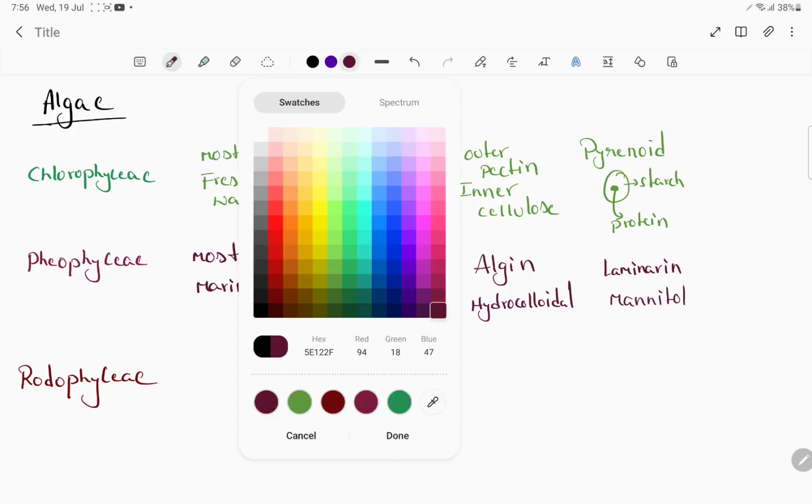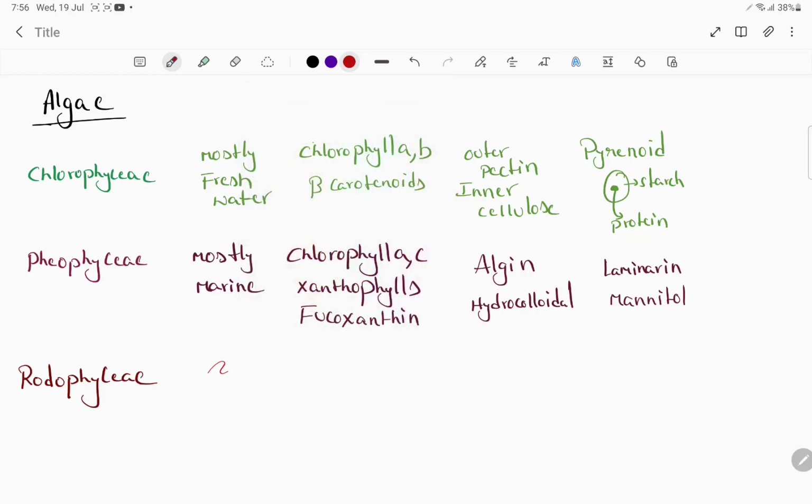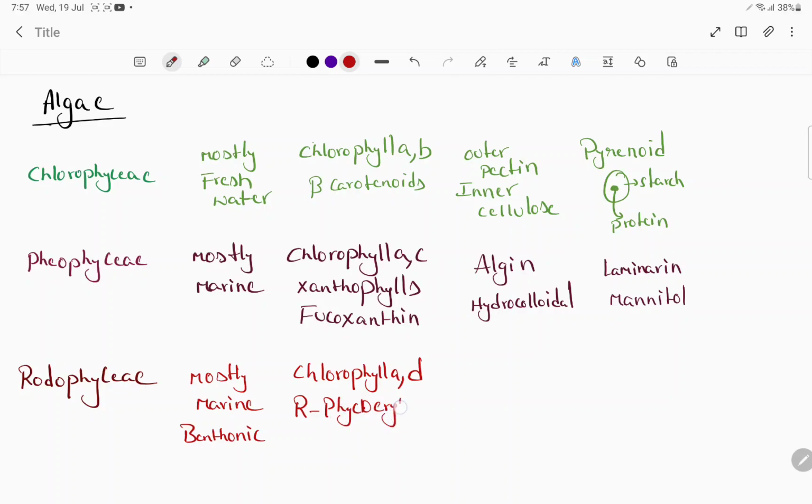And coming to the Rhodophyceae. So red algae, these are also mostly marine, benthic, which means deeper, and some are freshwater. Chlorophyll A and D. R means red: phycoerythrin, R phycobilins.